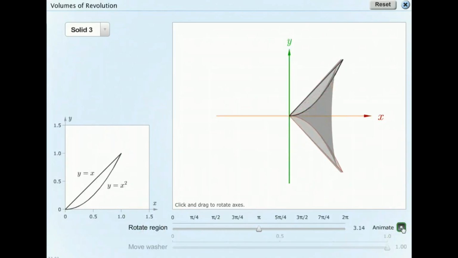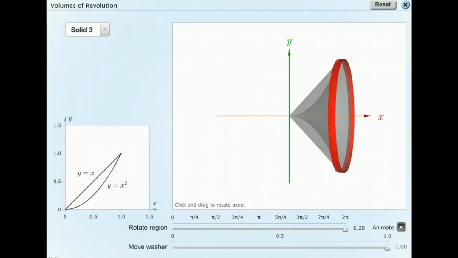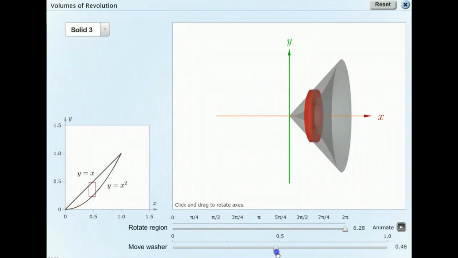So another example of this one. This one is now a washer since it's not totally in line with the x-axis. So notice that the washer has a hole in the middle.